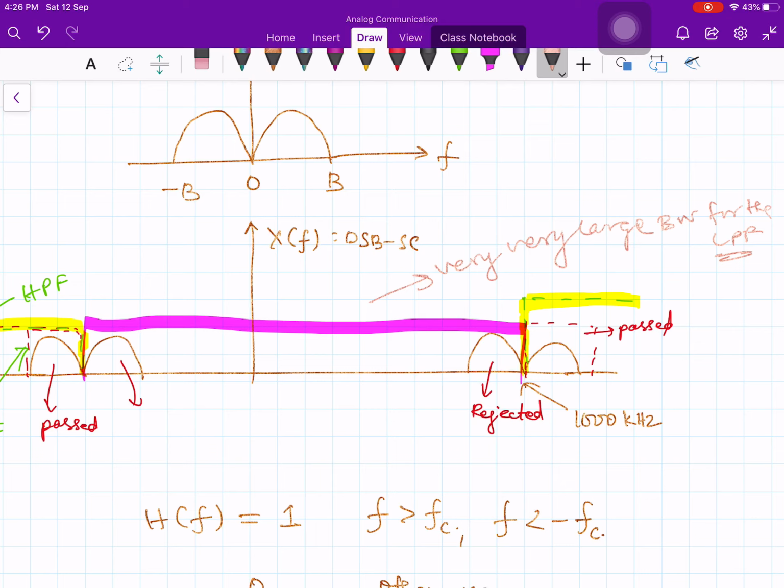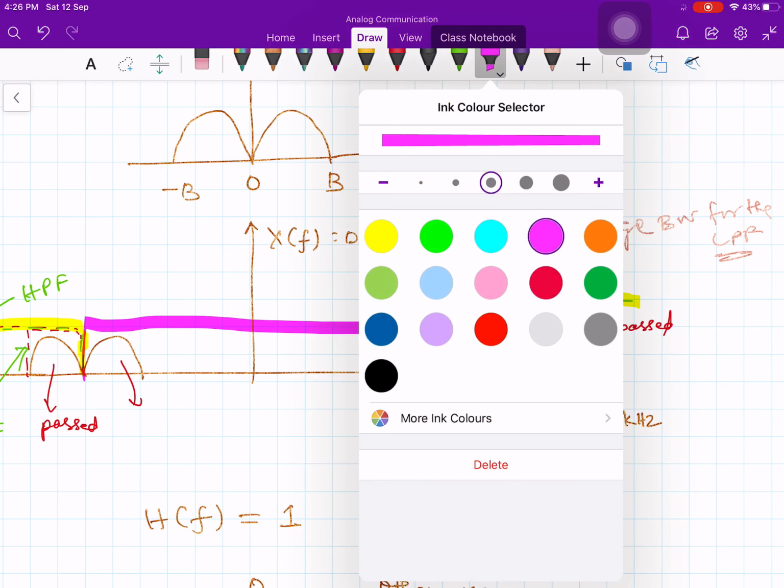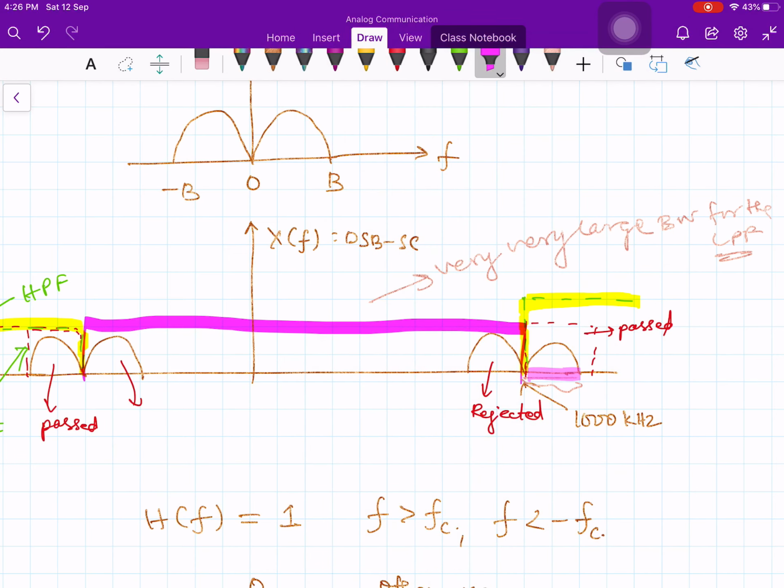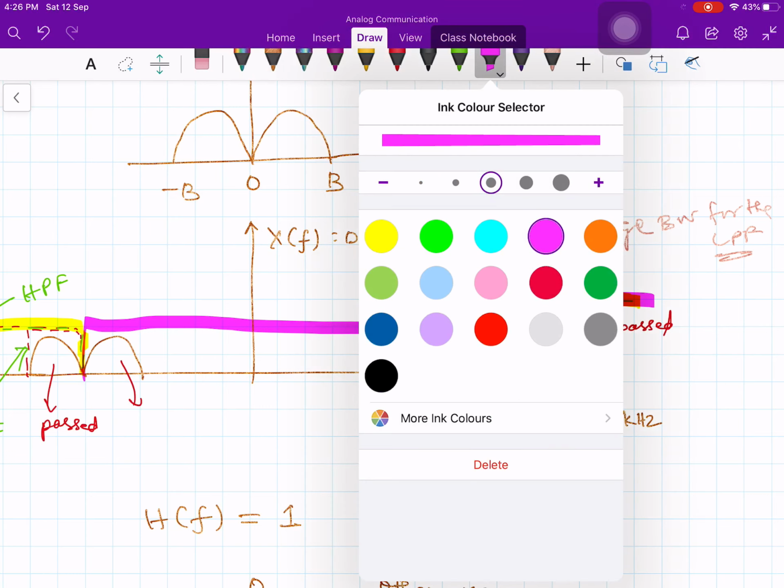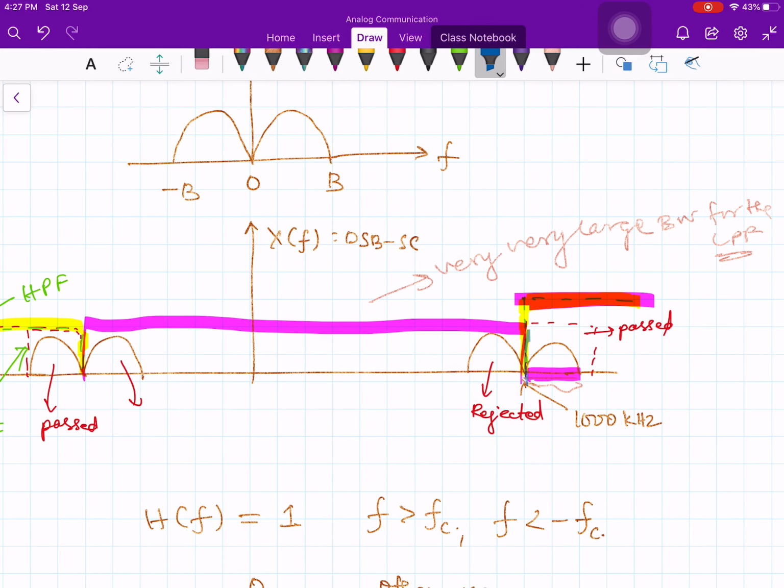In many cases, the signal m(t) has a finite small bandwidth. That bandwidth is this much. So it is more convenient to use band pass filters instead of this kind of high pass filter. Let me draw the band pass filter here. So this is my band pass filter. You can use a band pass filter like this.